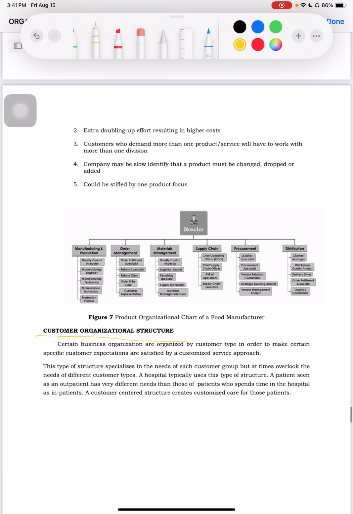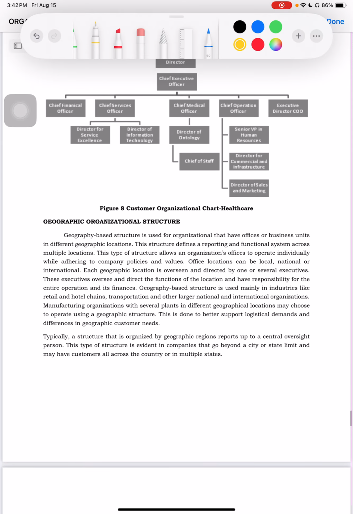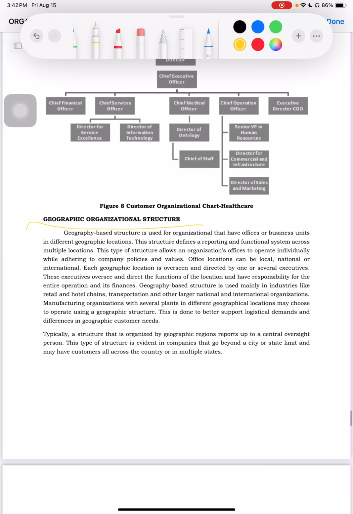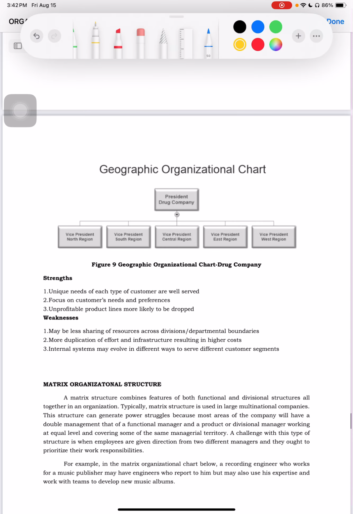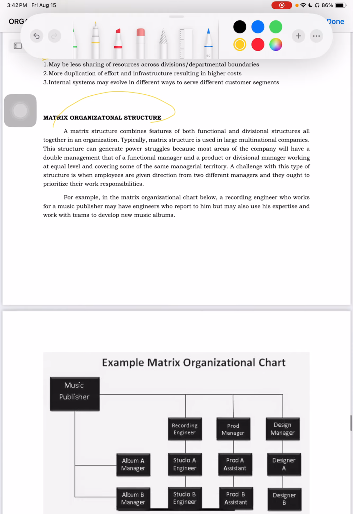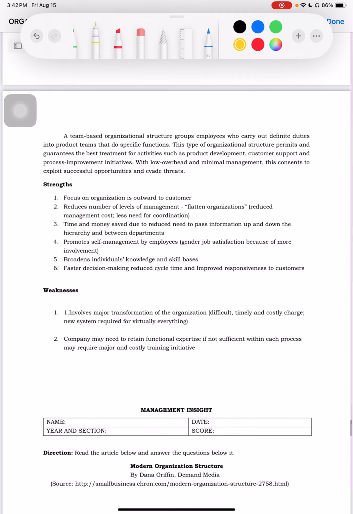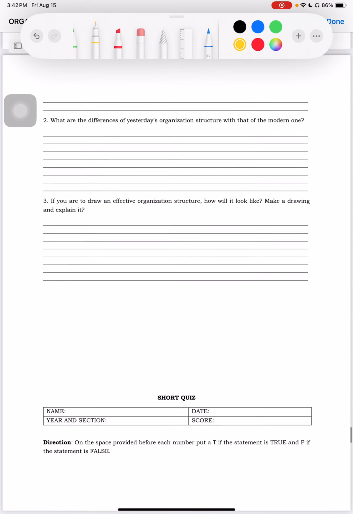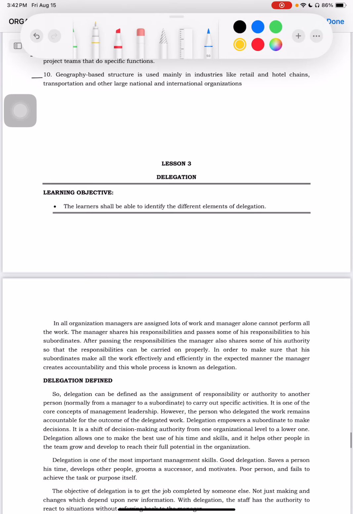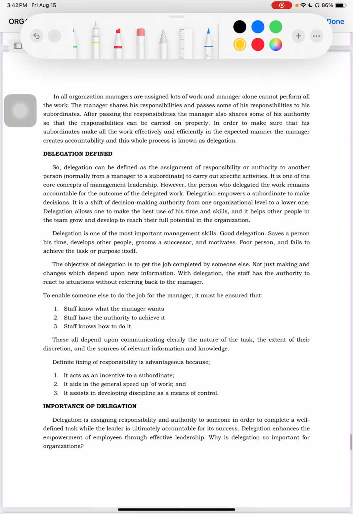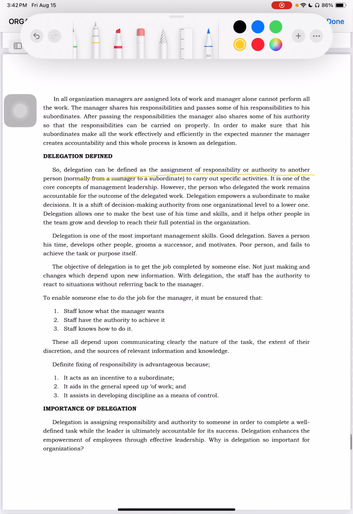For the customer organizational structure, you can understand it, including its strengths and weaknesses. Next, delegation. Delegation is defined as assignment of responsibility.